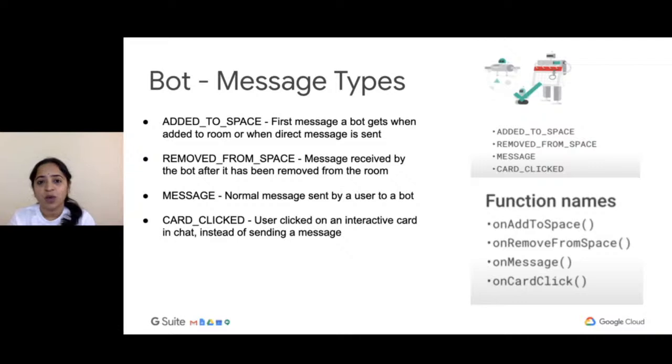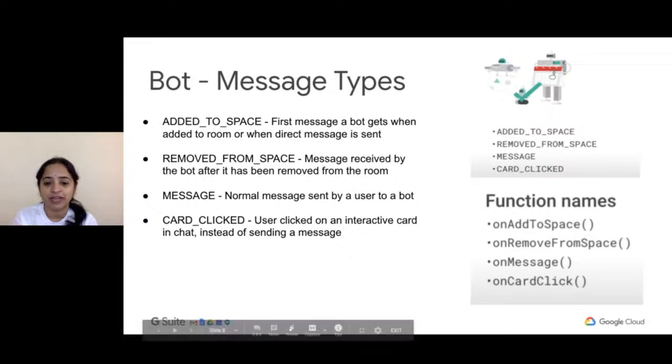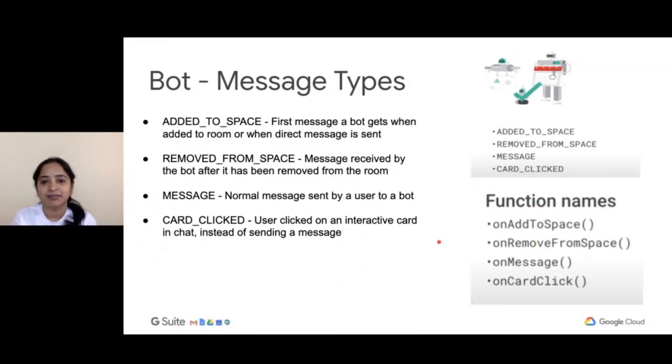Now, why is it easy to create the bots on an app script? Mainly because if you look at the function names on the right, they are very similar to the message types that have been highlighted, that are by default required for the chatbot.